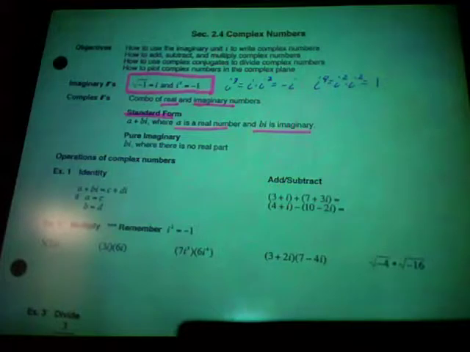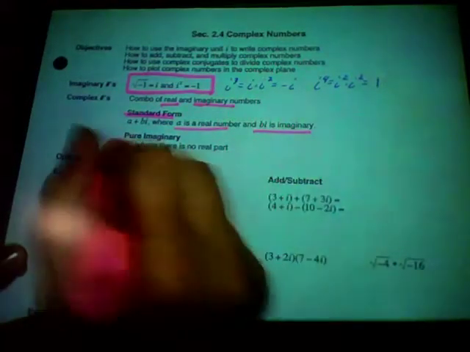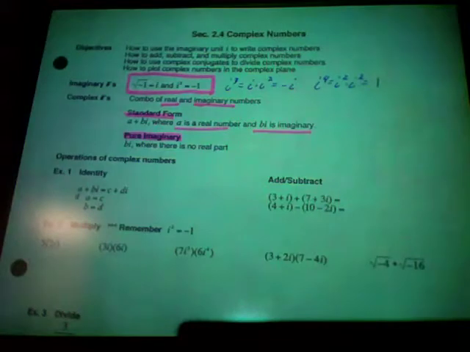Whatever part has the i in it, that's your imaginary part. Whatever part doesn't have the i in it, that's your real part. The real part has to come before the imaginary part. Think what came first, real or imaginary? Real. Then pure imaginary would be just something with an i in it, nothing being added to or subtracted from it. So it would look like 3i or -2i. You wouldn't have anything in front of it.